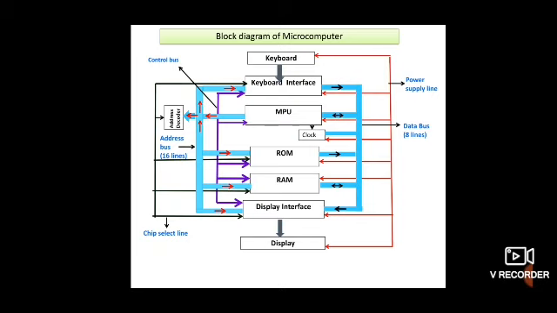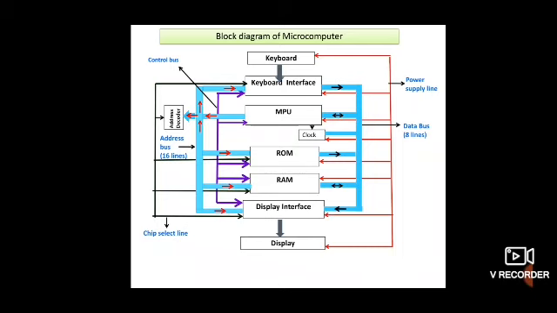So see this diagram. Only the power supply line is attached from keyboard through the last block, that is display. But data bus, address bus, chip select line and control bus are attached from keyboard interface to display interface.